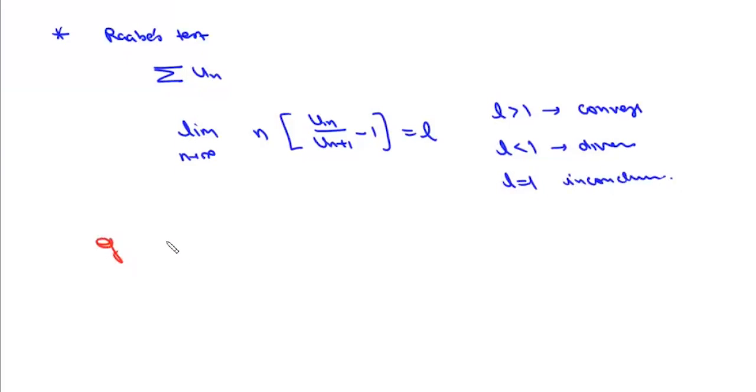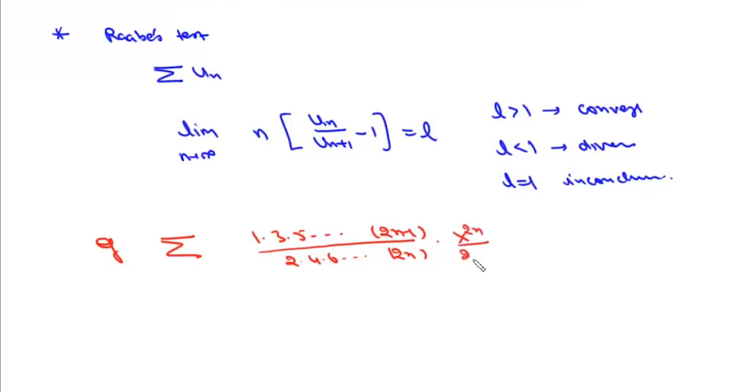Say for example, we have this series which is 1, 3, 5 up to 2n minus 1 upon 2, 4, 6 up to 2n, and it is x to the power 2n upon 2n.